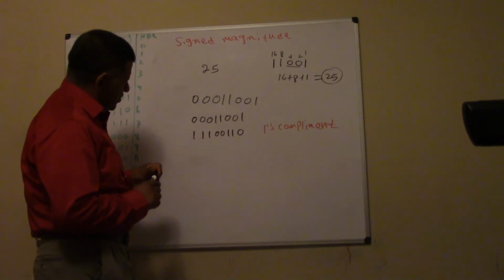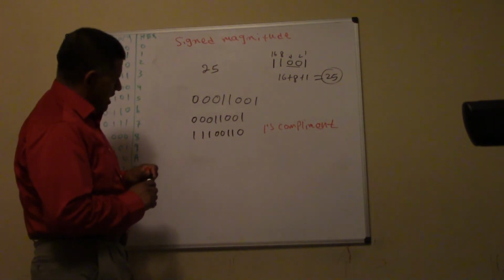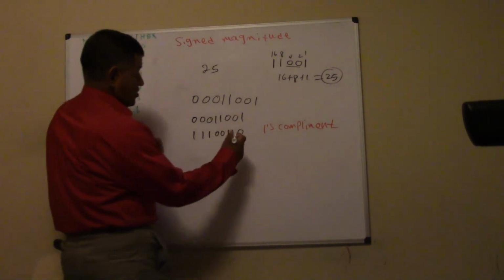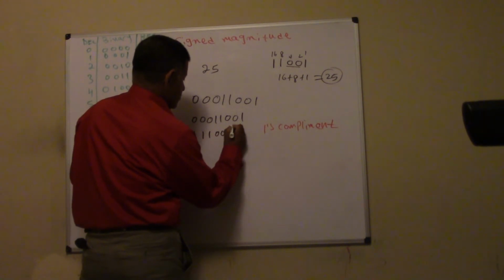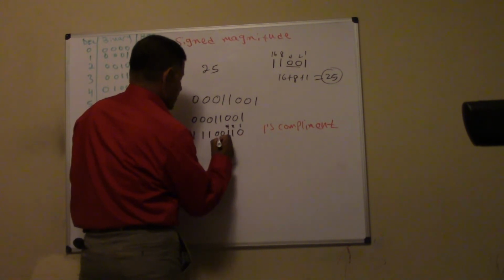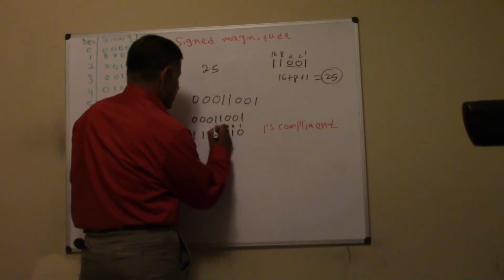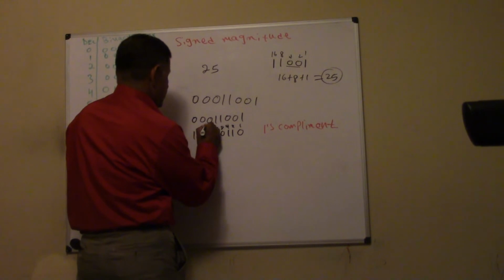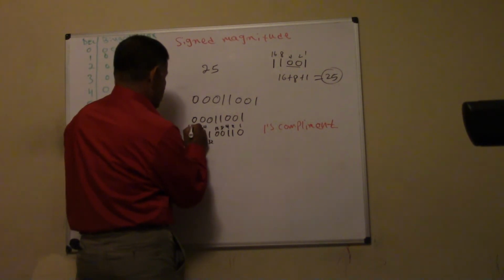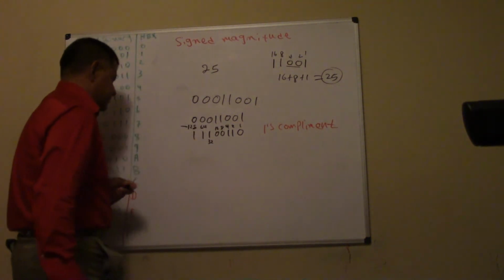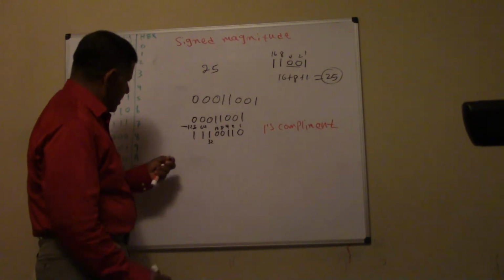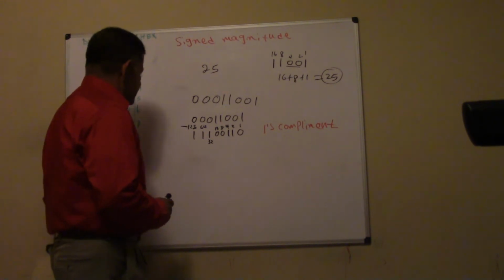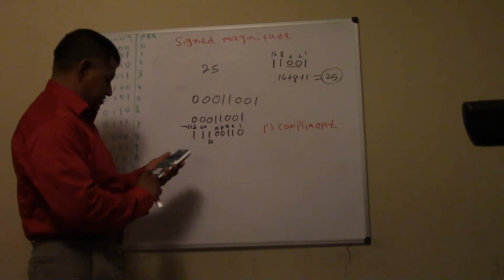If this is equal to negative 25, okay, let's try it out. 1, 2, 4, 8, 16, 32, 64, 128, and negative. Let's do the math and see if this is equal to negative 25.